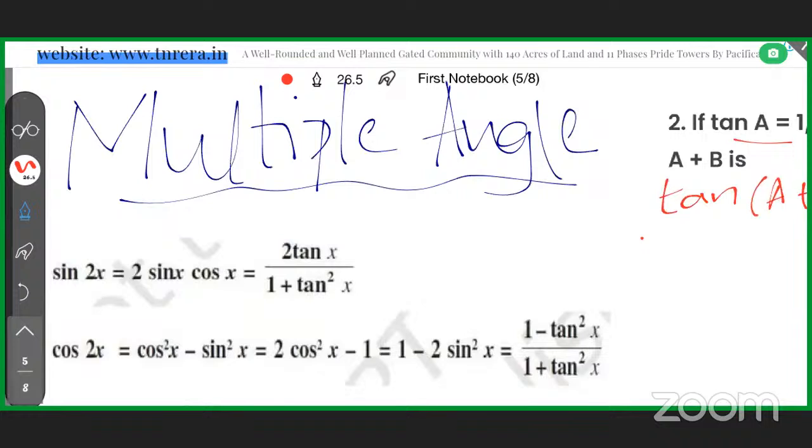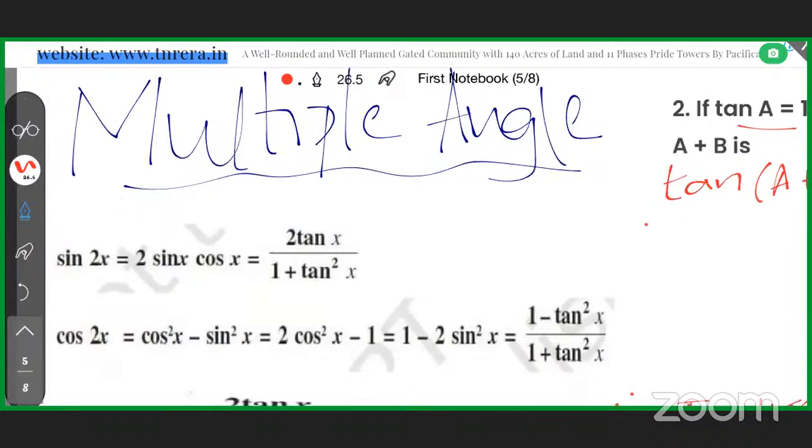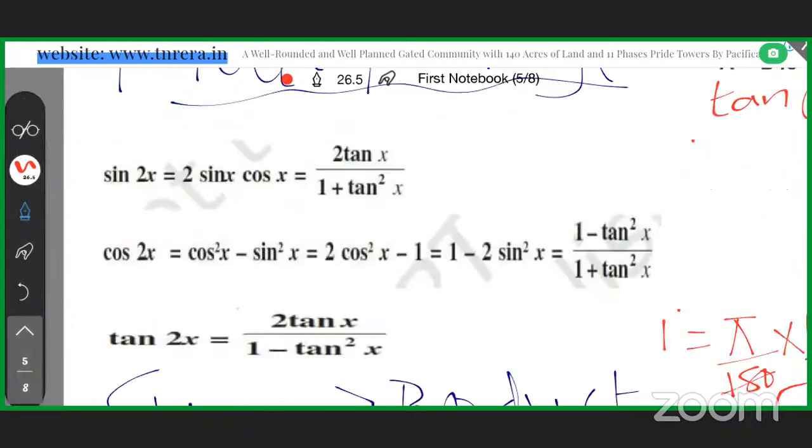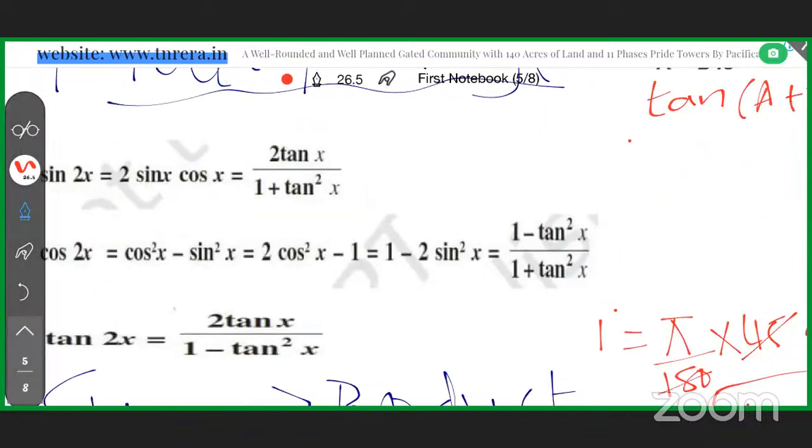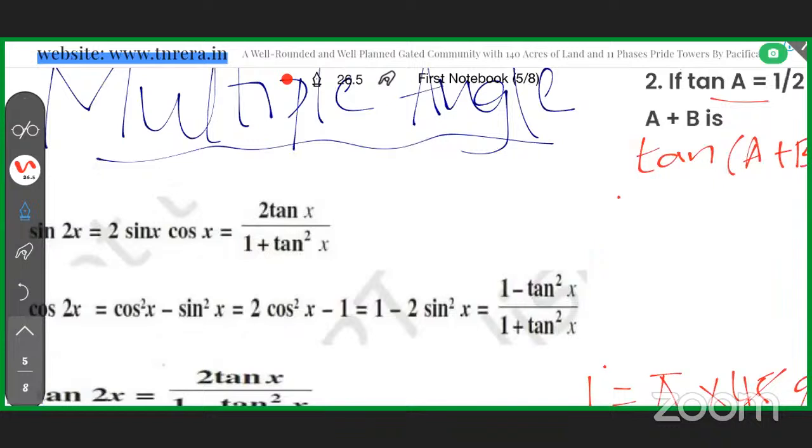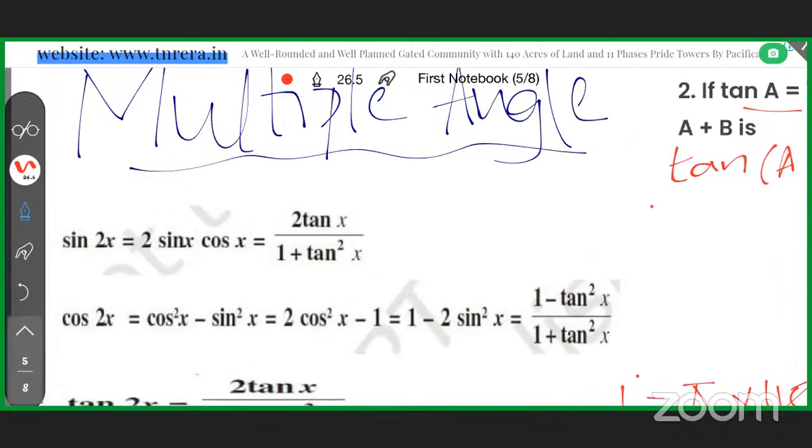My request to you is, tomorrow when you come, please go through this formula of multiple angles, what I am displaying on the screen. Don't worry, I will be sending this as a PDF to the sir, and sir will be forwarding it to you. This formula, just go through it.